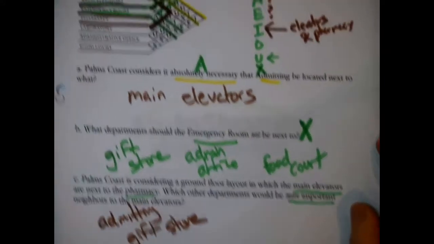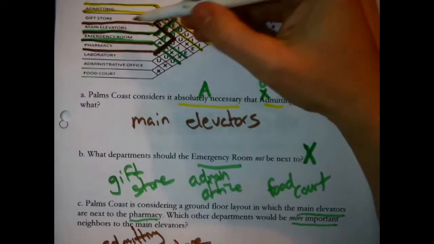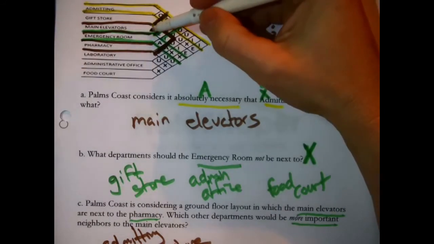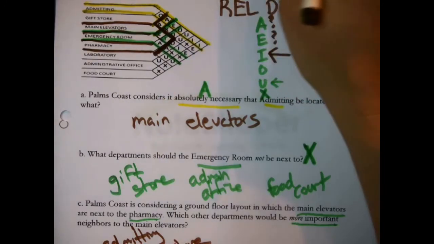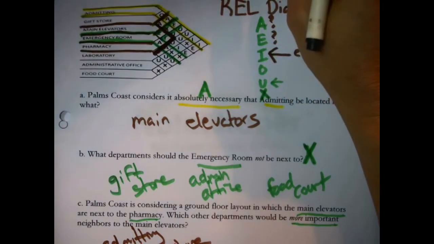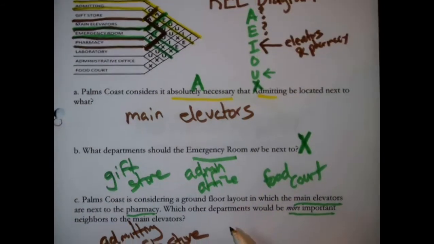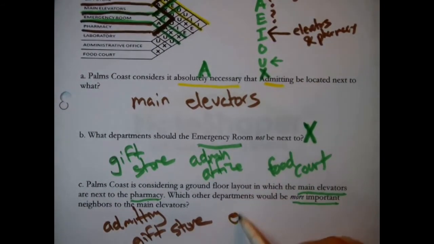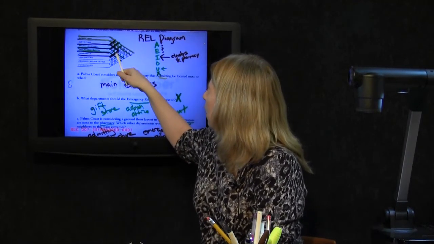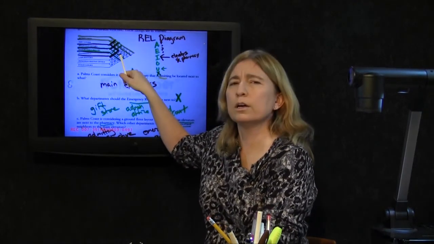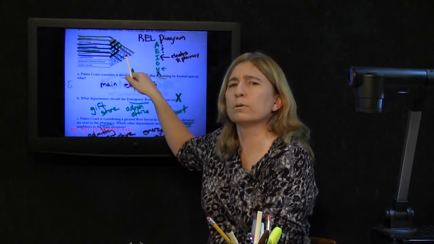And then I need to keep investigating because I need to look at the lower leg, so to speak. Main elevators, trace it down this way. I see an E right away, for the emergency room. And what else? I see an I for the pharmacy. An I would not be more important, it would be a tie.